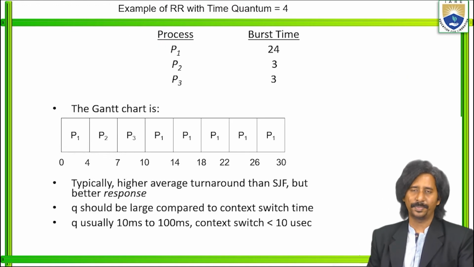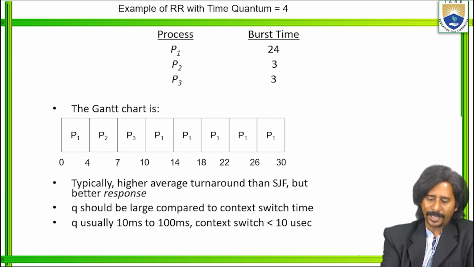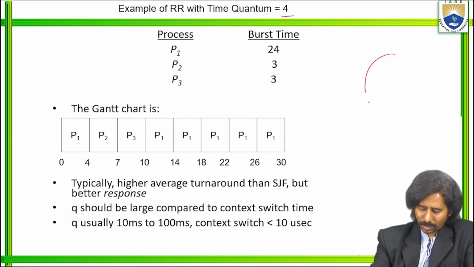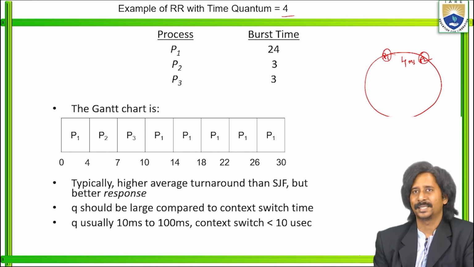Let us take a simple example to clearly explain this round robin scheduling algorithm. See here, the time quantum is 4 milliseconds. That means the processor engages each process for only 4 milliseconds before moving to the next.